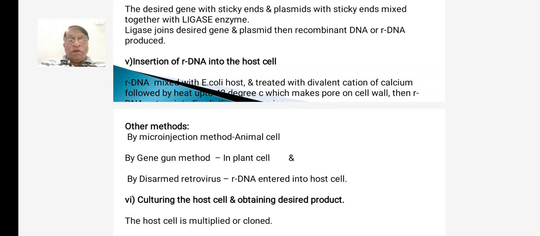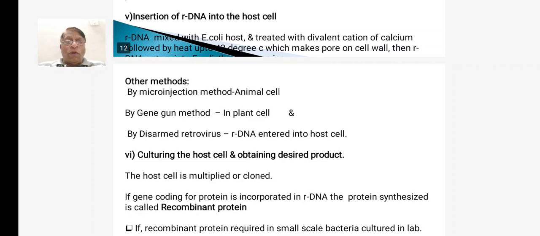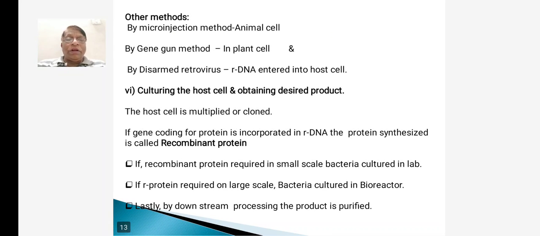Now, host cells. Culturing the host cell and obtaining the desired product. The host cell is multiplied, it means cloned. If the gene coding for protein is incorporated in rDNA, the protein synthesized is called recombinant protein. For example, if the insulin gene is introduced, insulin is produced.